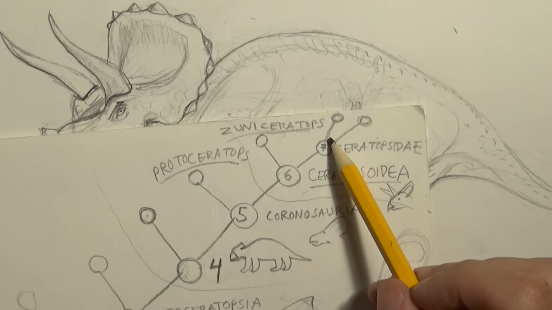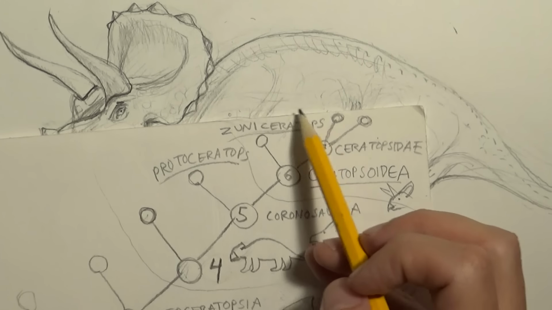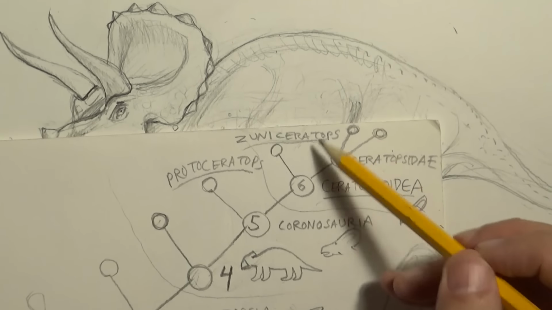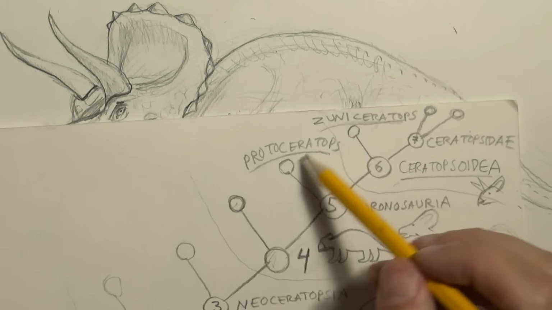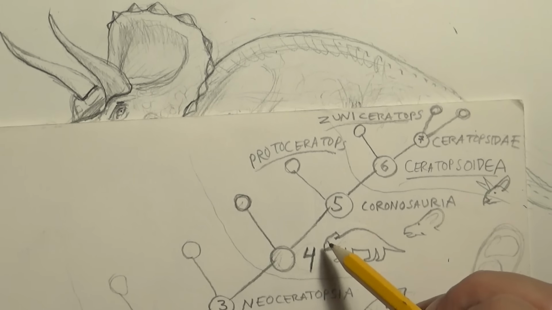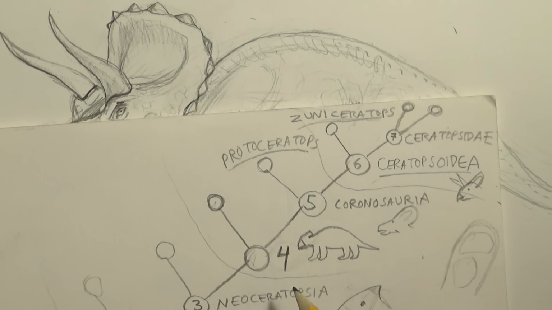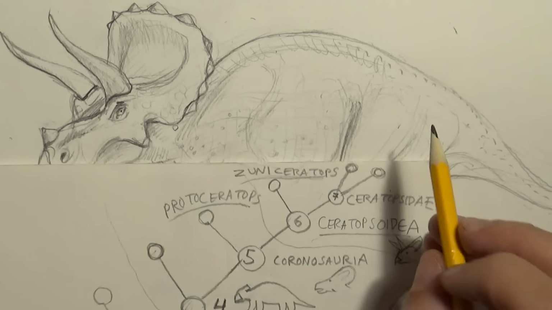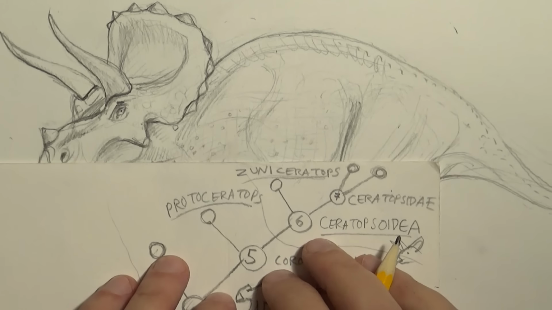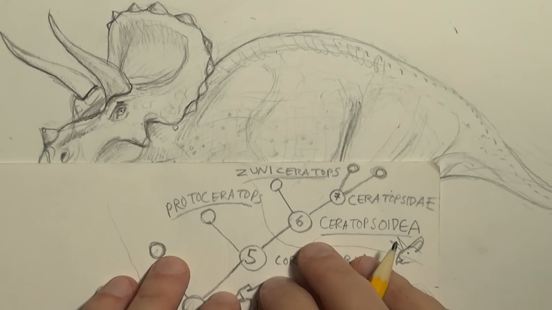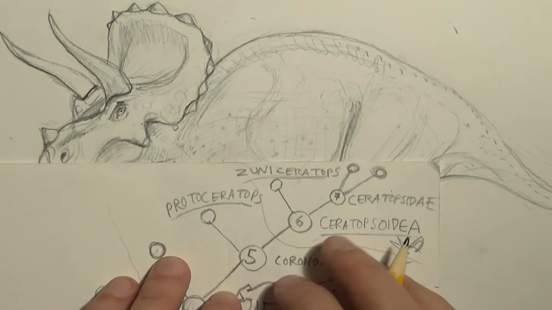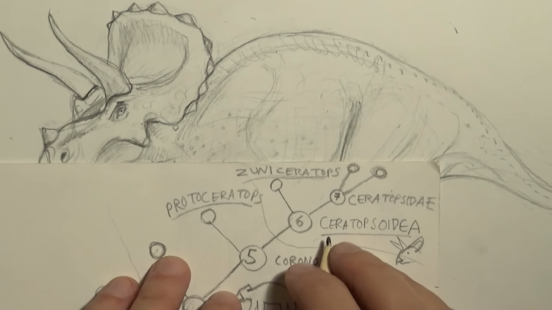The centrosaurs, they had smaller frills, but instead a lot of ornaments on them, and also they focused on the nasal horn and not the brow horns. And the Triceratops genus has two species. It's Triceratops horridus and Triceratops prorsus.